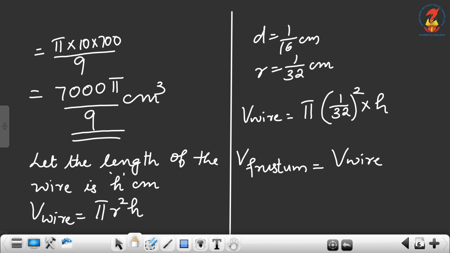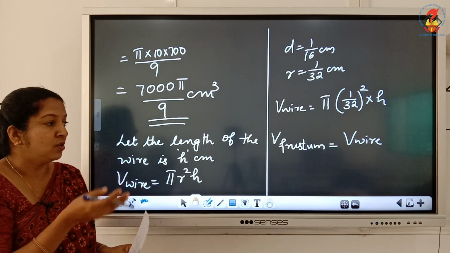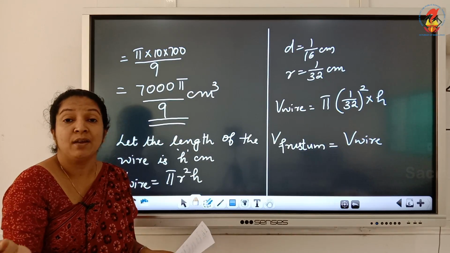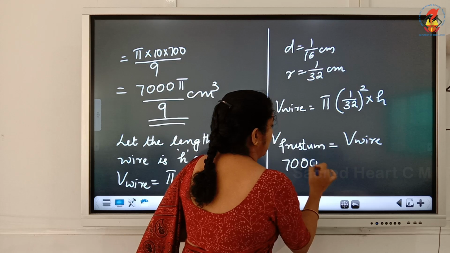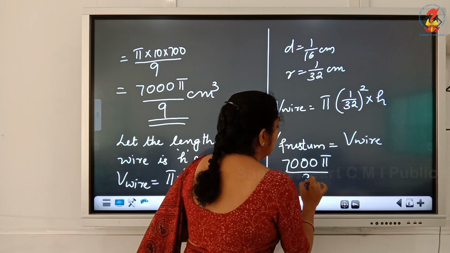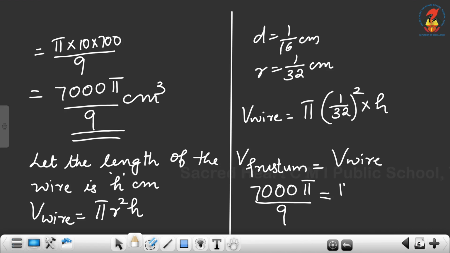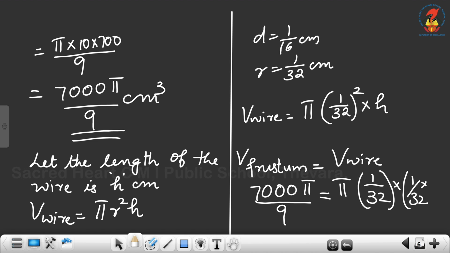So volume of the wire is equal to pi into 1 by 32 whole square into h. Volume of the frustum is equal to volume of the wire, because this frustum is converting into a wire. So 7000 pi by 9 is equal to pi into 1 by 32 into 1 by 32 into h.